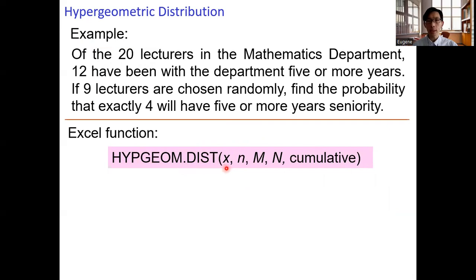The first one is X, and then the sample size n, the big M, and the big N. And then the last parameter is cumulative, the logical value, 0 or 1, or true or false. Cumulative is equal to true if you want to get the cumulative probability. Otherwise, you set it to false.